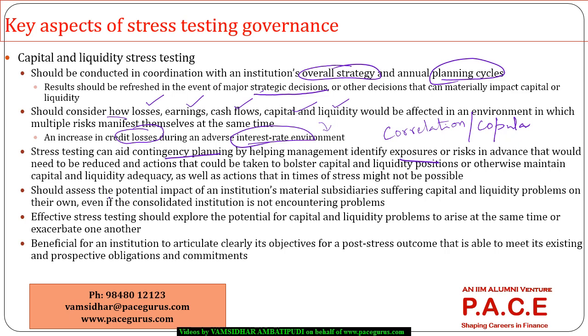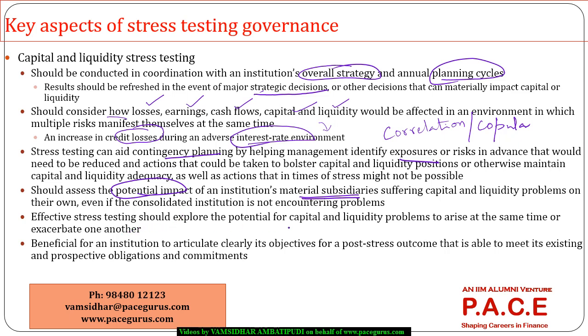And stress testing should also assess the potential impact of various subsidiaries, not just the main holding firm. We are talking about the various subsidiaries that could really have capital and liquidity problems. So their impact on the parent firm also needs to be evaluated very stringently.